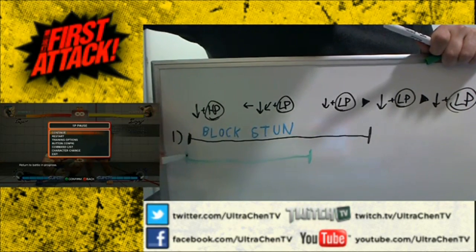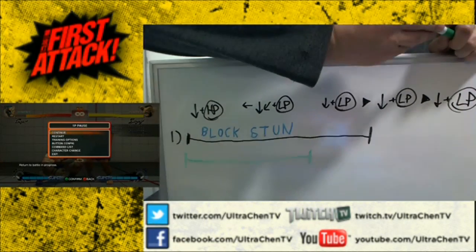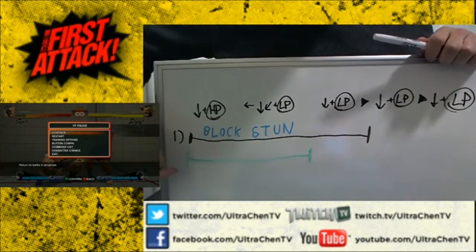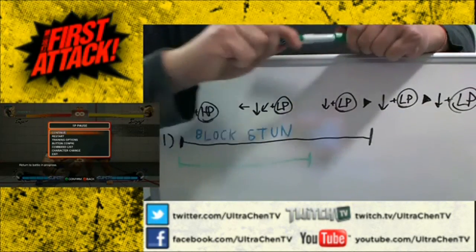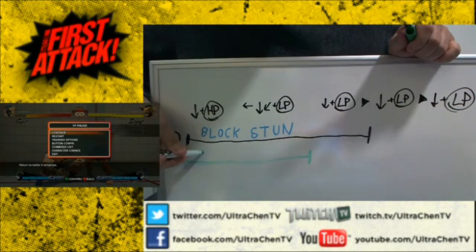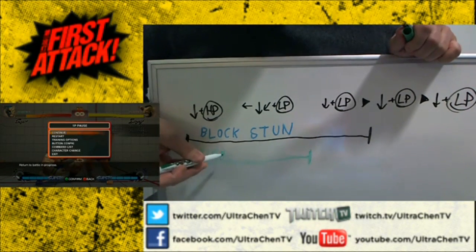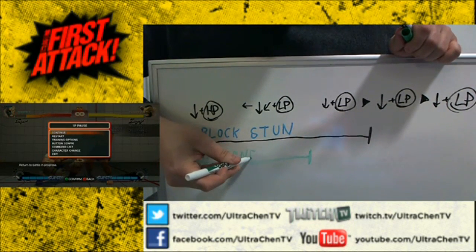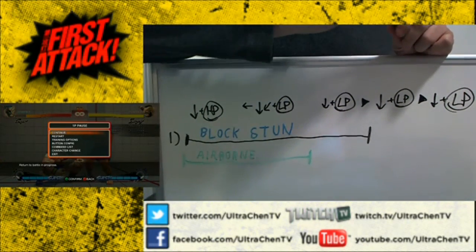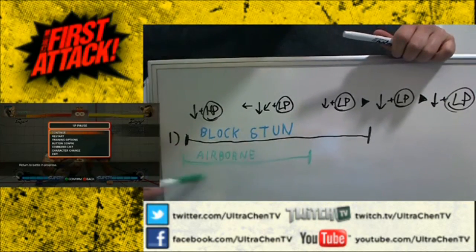This is how long Zangief is in the air. And the reason why he ends up staying in the air this long is because of the hit stun, the hit freeze. Sorry, I have to concentrate while doing this. Okay, so Zangief is airborne during this time right here.